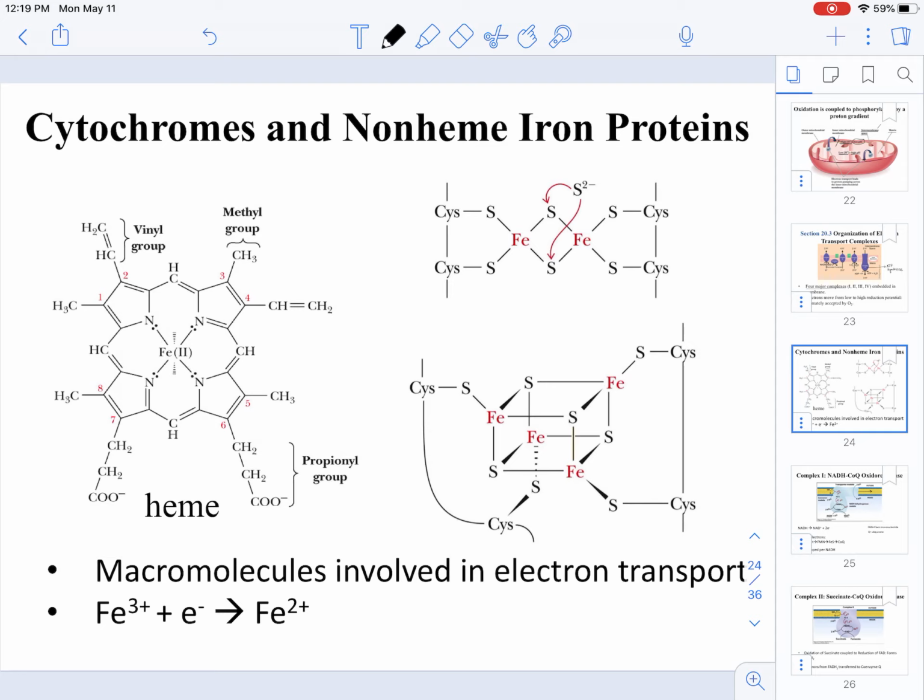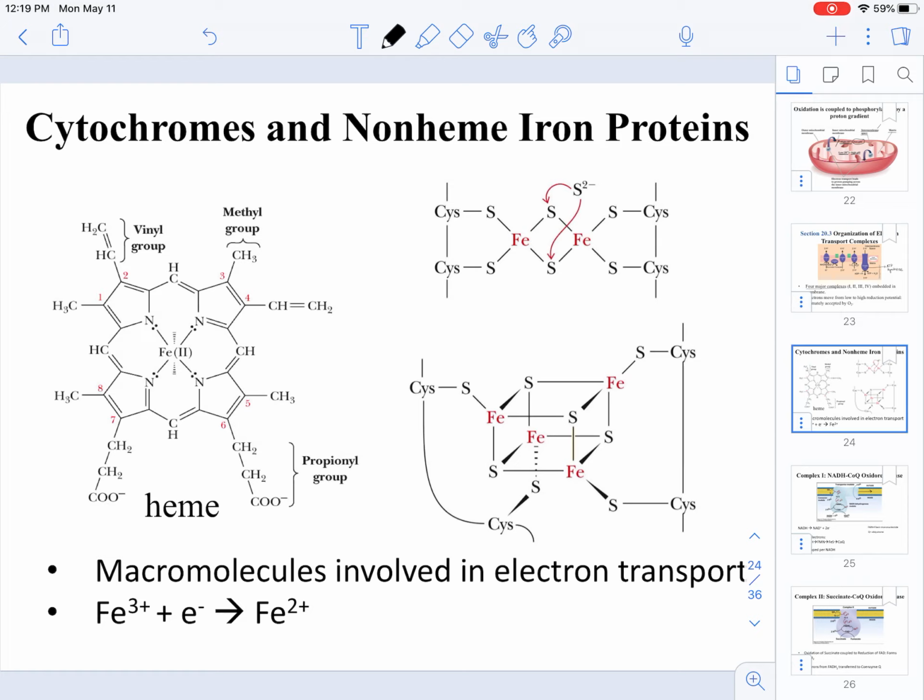It's just that physically, the cytochromes and the non-heme iron proteins can have the electrons accepted in them. And the reason is because when we look at these molecules, as you can see, they can have an iron 3 plus accept an electron and make iron 2 plus.